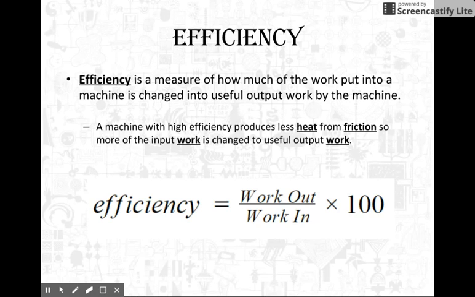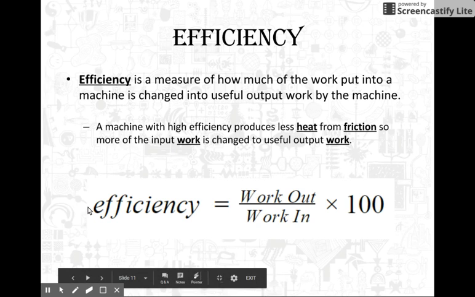So that means 75% of the work in a car gets turned into friction and heat. Now, some of the newer cars can get like 30-40% efficient, but still more work is getting converted into heat and friction in cars than it is to actually causing the car to move. So they're not very efficient machines.